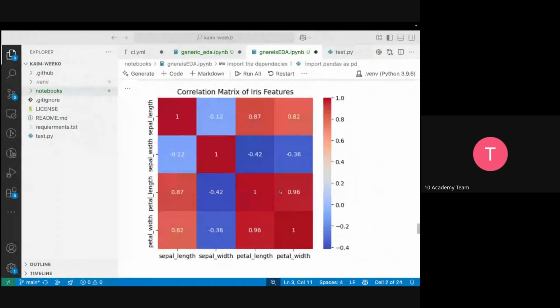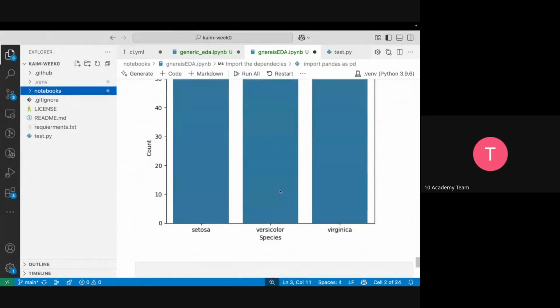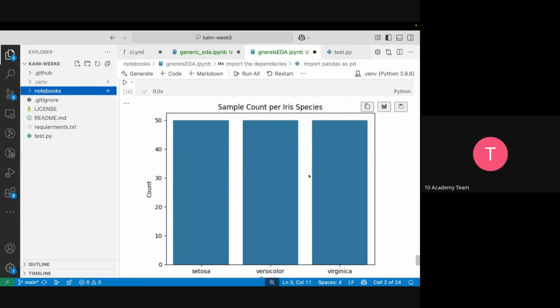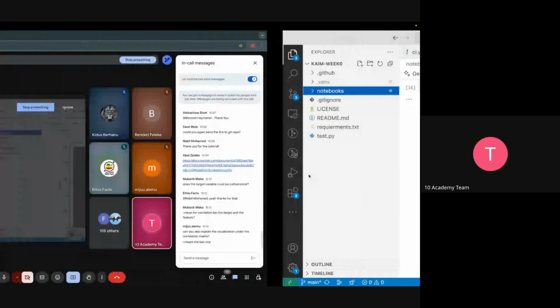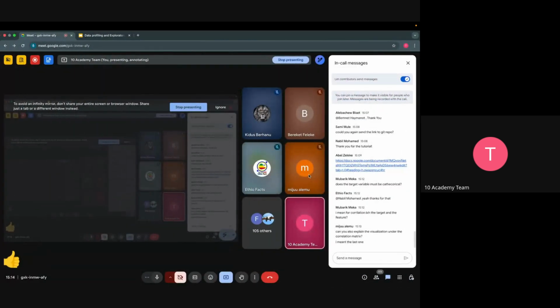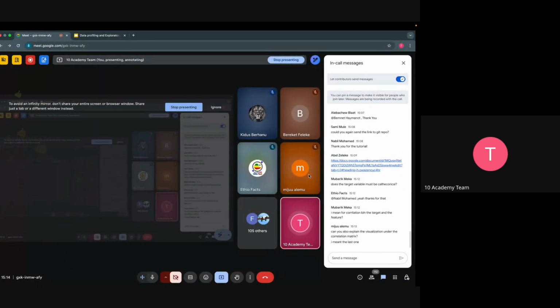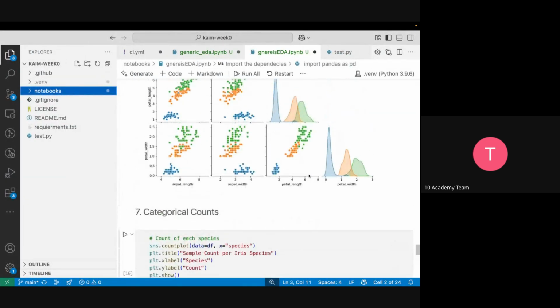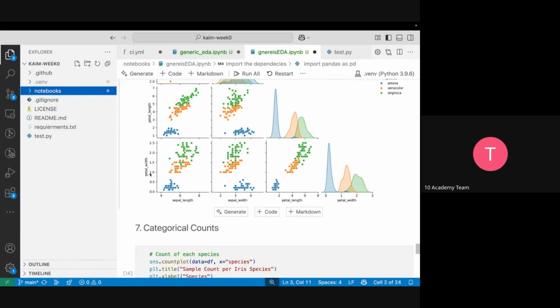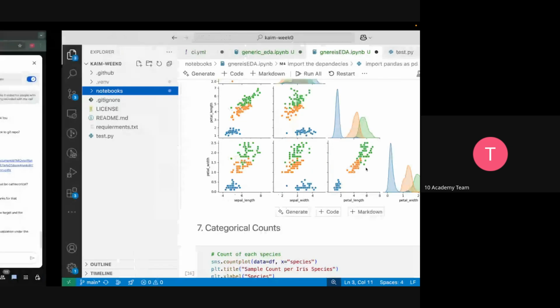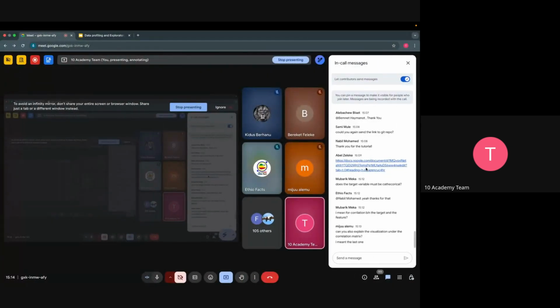About the last one, this is just a count. And this one is for multivariate, just for seeing the relationship between more than two variables.